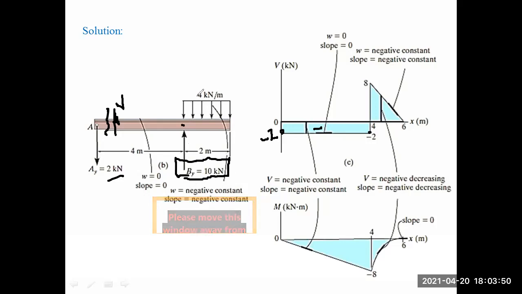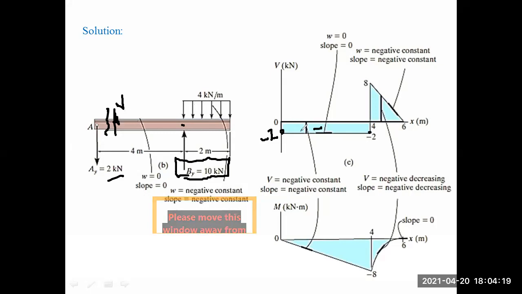The uniformly distributed load would take its effect along the x-axis, because we don't have a concentrated load at one point. So the further you go to the right, the more the effect of this distributed load on the shear force. So there would be a jump, and the jump would be upward with the reaction.